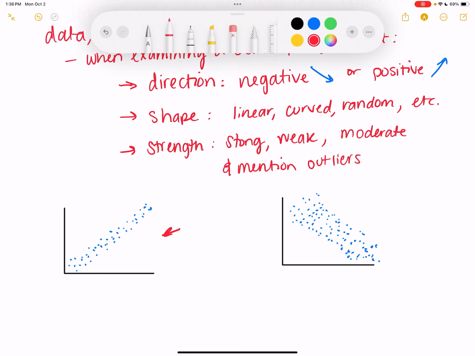So this one on the left, and then I'll pause for a second for y'all to get this after I write this, is a moderately strong, positive, linear relationship.